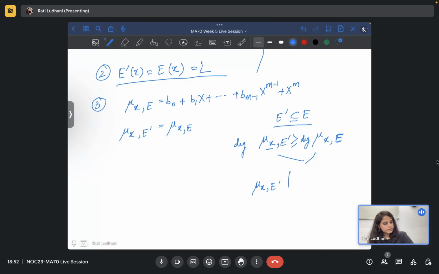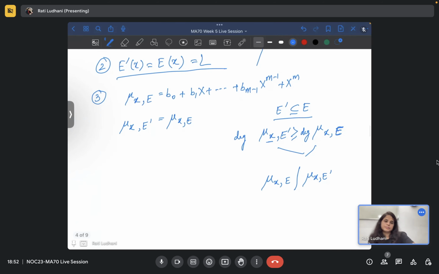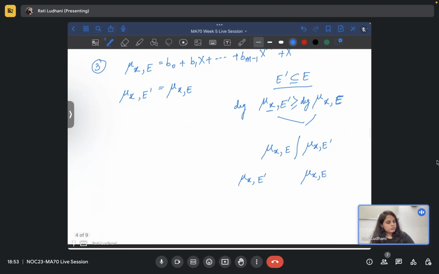Or maybe on the other side, if I write, mu(x, E) will divide mu(x, E'). Why? Just consider this: you have E' and you have mu(x, E).